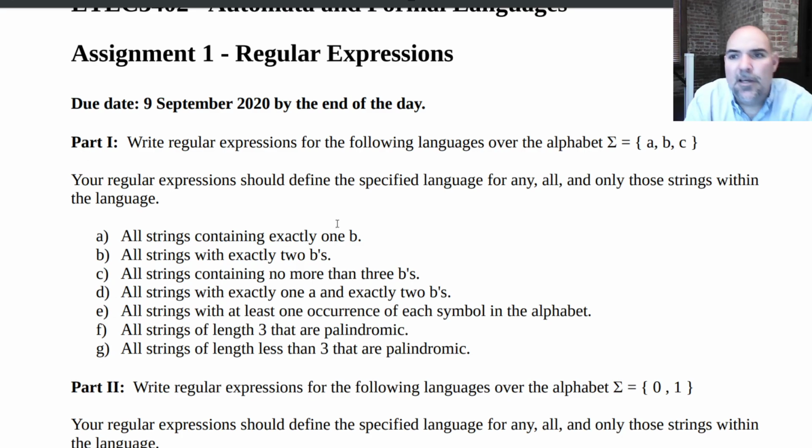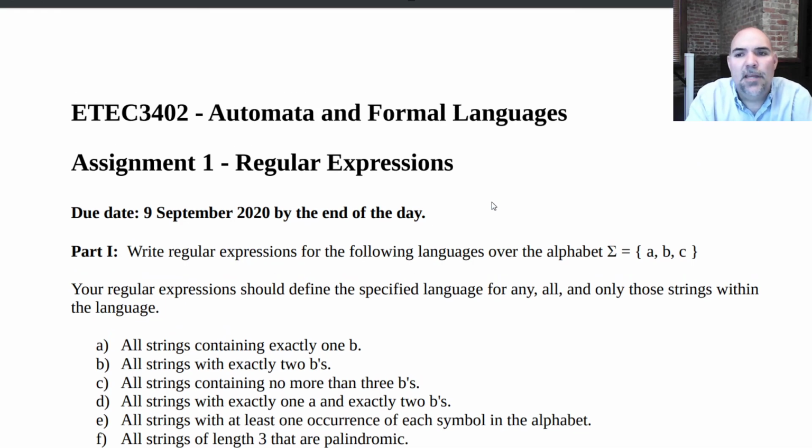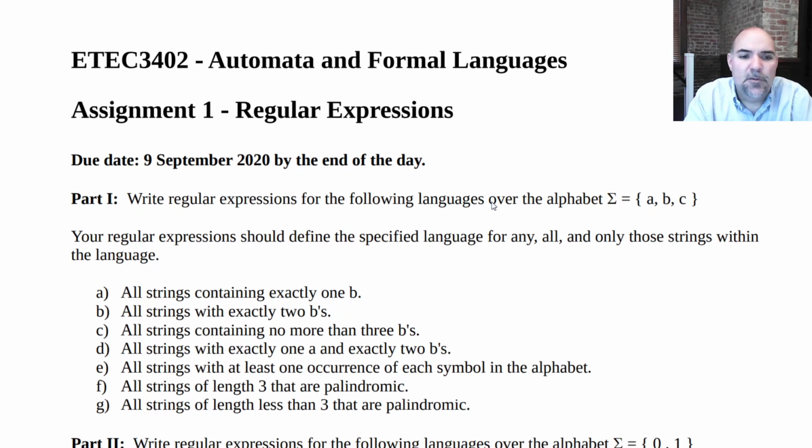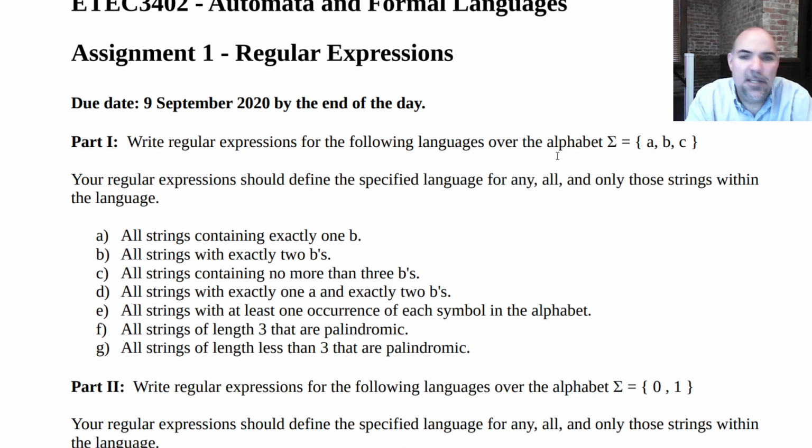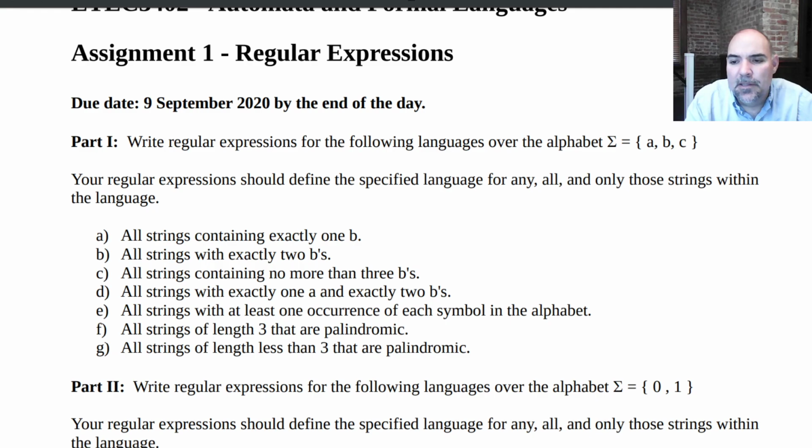Let's quickly take a look at the first one: all strings containing exactly 1 B.